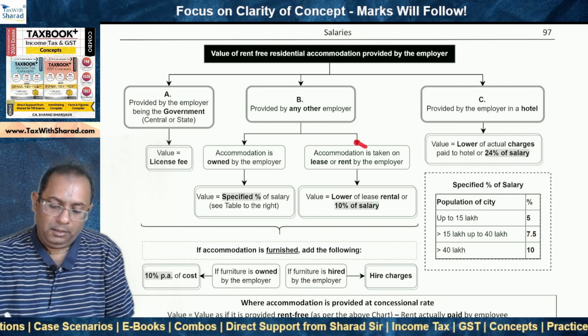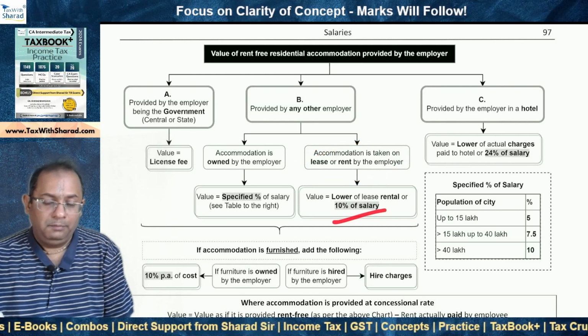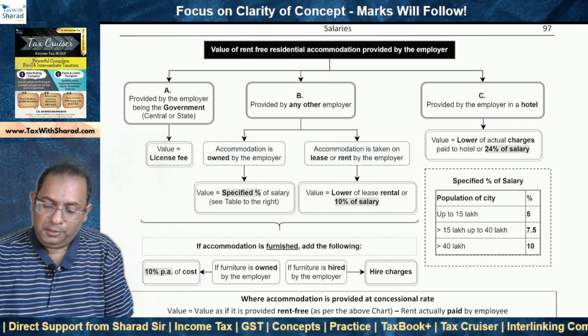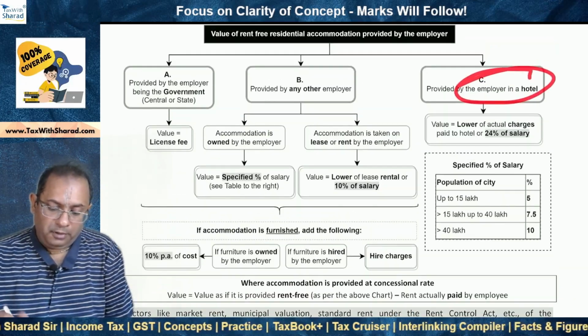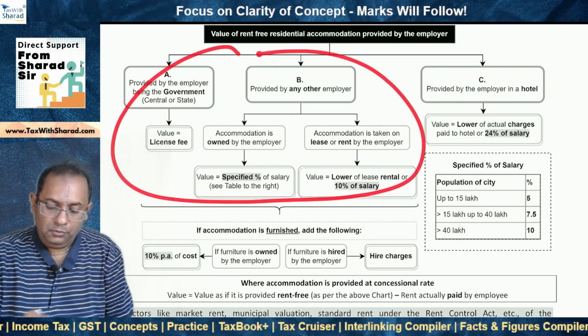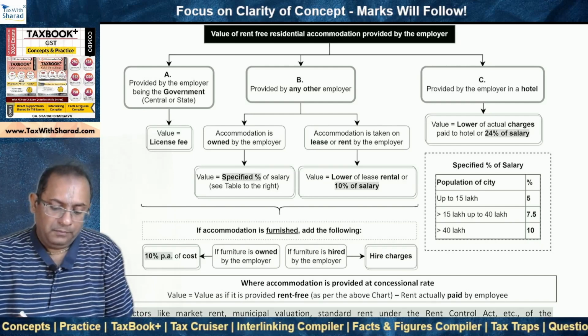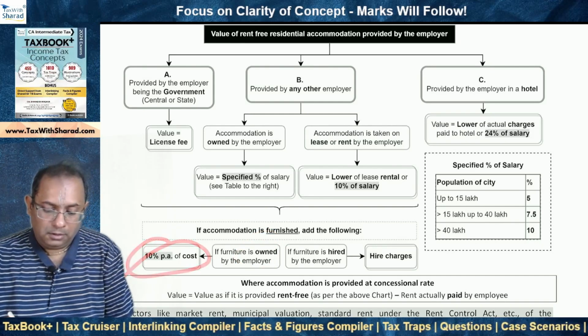If the accommodation is taken on lease or rent by the employer, the valuation is the lower of lease rental or 10% of salary. And then there is a case where the accommodation is provided by the employer in a hotel. If the accommodation is furnished, in these cases, we add a particular amount. If the furniture is owned by the employer, we add 10% per annum of the cost of furniture.